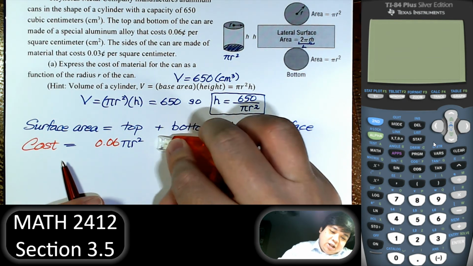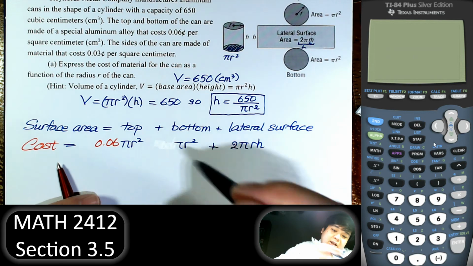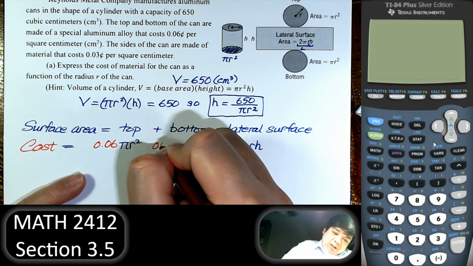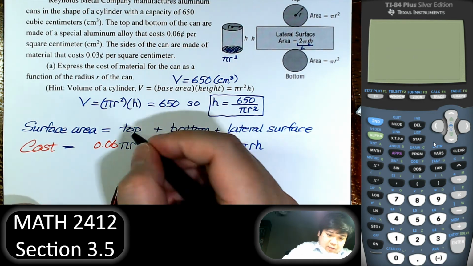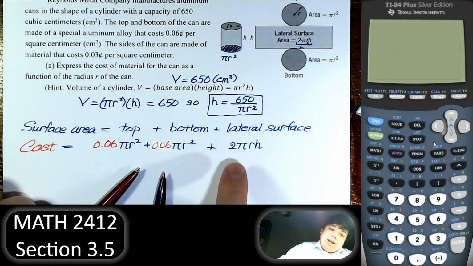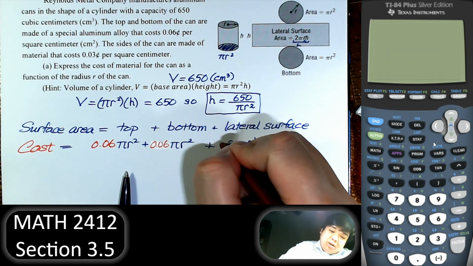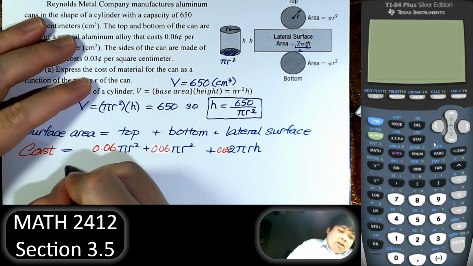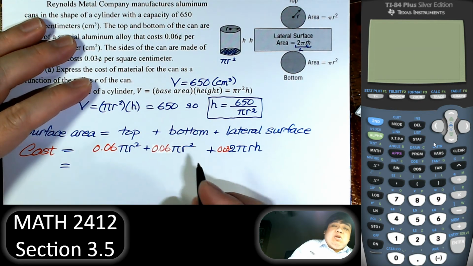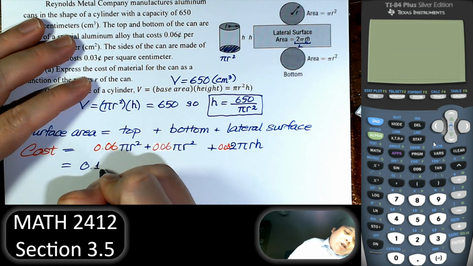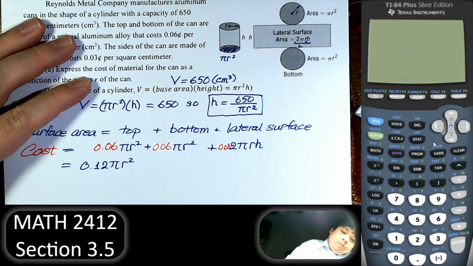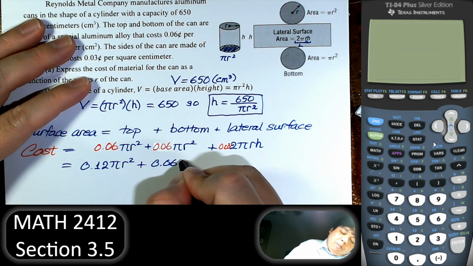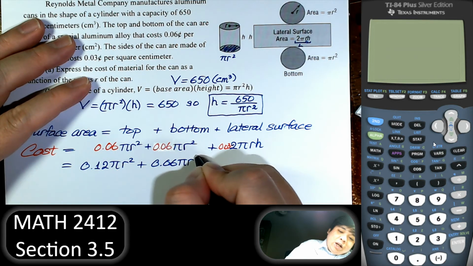So we take the surface area and multiply by the cost for 1 centimeter square. And then for the lateral we use the cheaper material, 0.03. So combining like terms, 0.06 plus 0.06, we get 0.12 pi r square plus 0.06 pi r h.